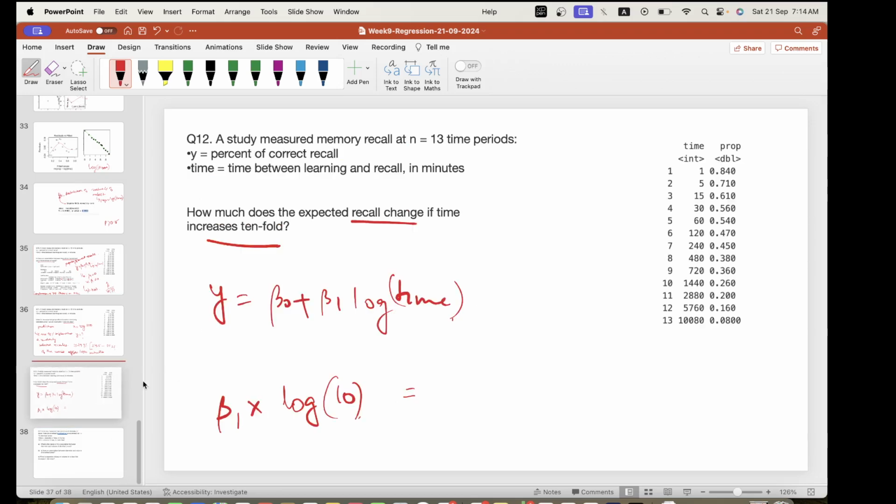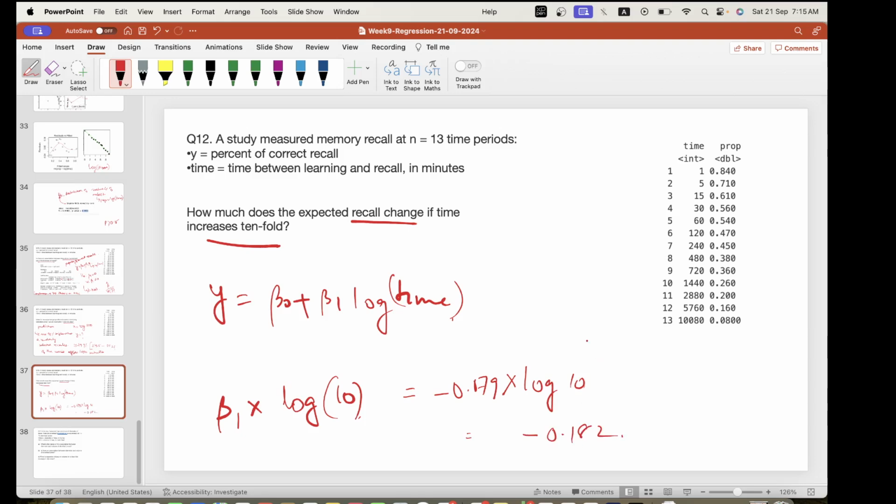So this would be minus 0.079 times log 10, which is close to minus 0.182.